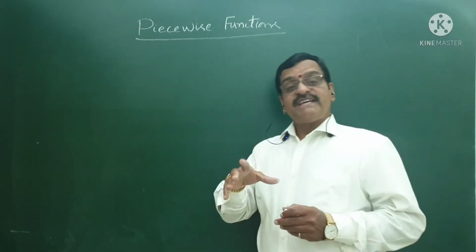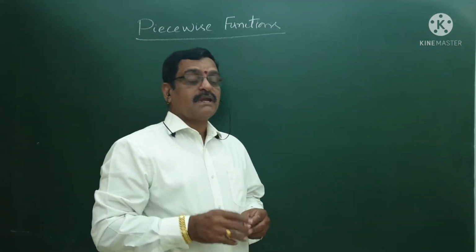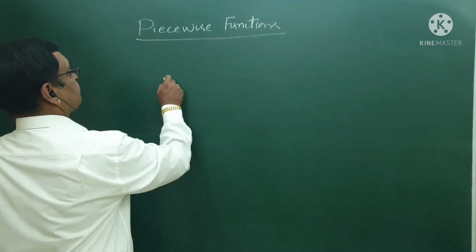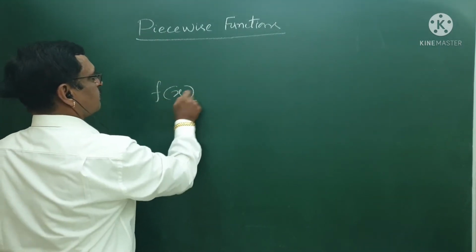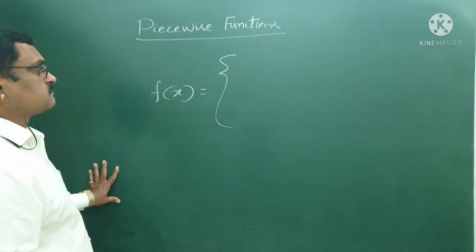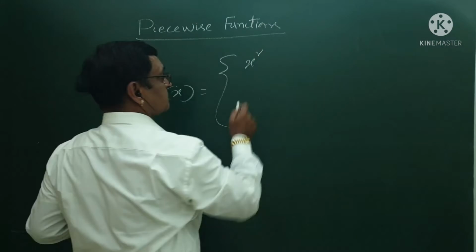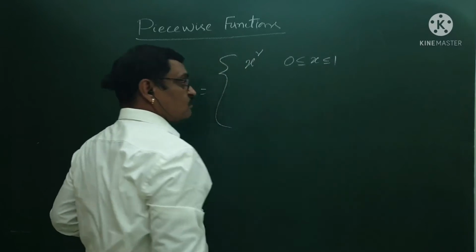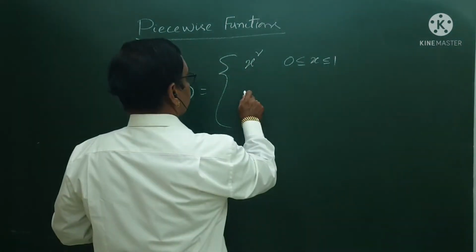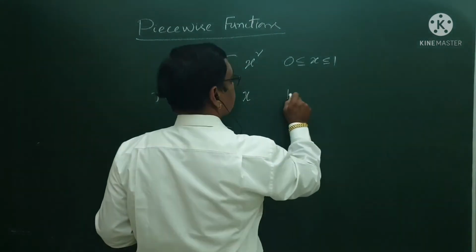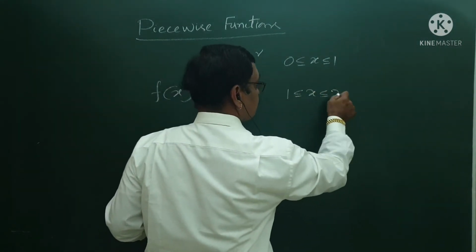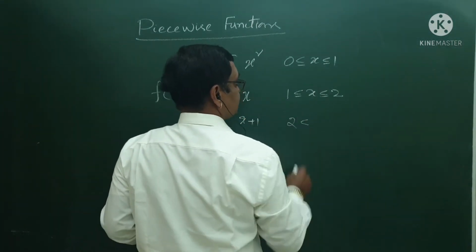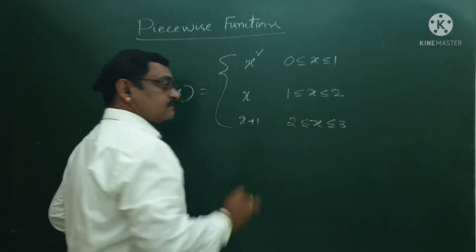First of all, what is meant by piecewise function? Let me explain this concept by taking an example. Suppose I have a function f of x equal to x square when 0 less than or equal to x less than or equal to 1, x when 1 less than or equal to x less than or equal to 2, and x plus 1 when 2 less than or equal to x less than or equal to 3.